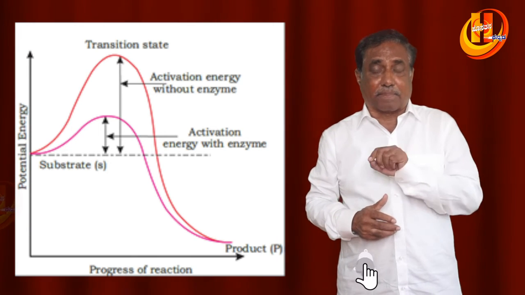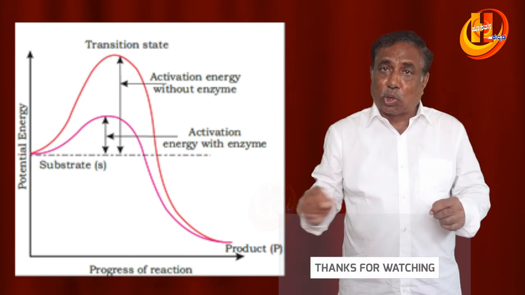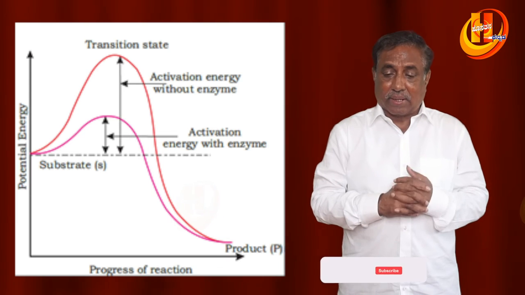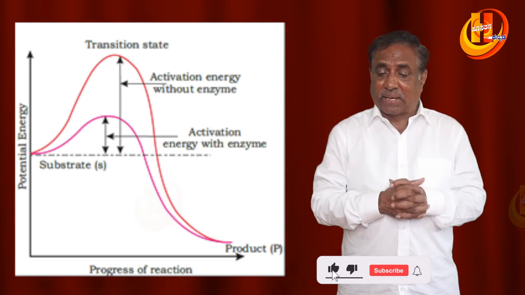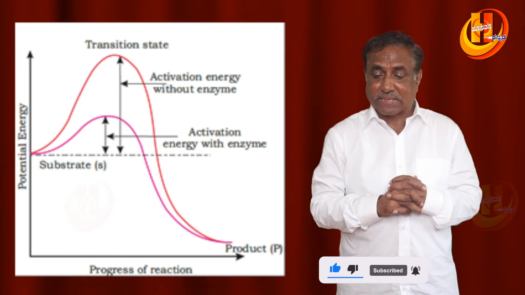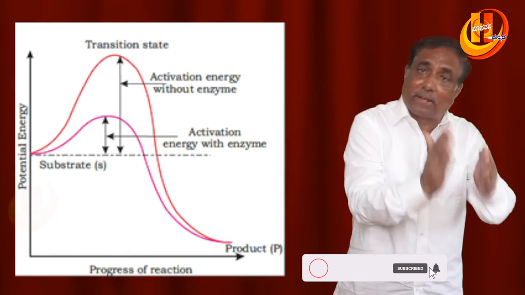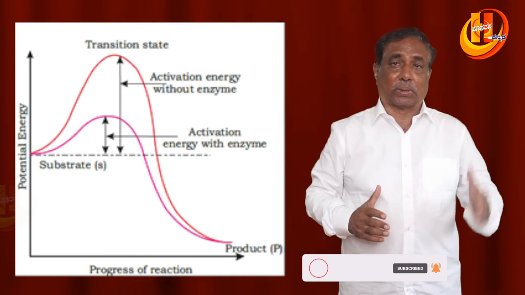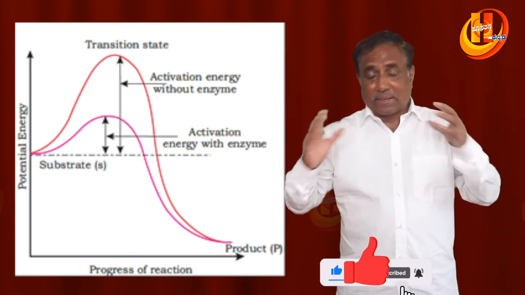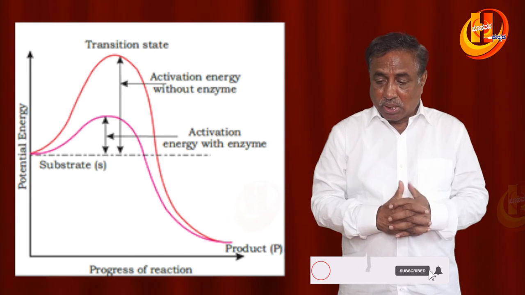If the product P is at a lower level than the substrate level S, the reaction is exothermic. The difference in the average energy content of the substrate from that of the transition state is called activation energy, and that graph is given. You can study activation energy in detail in chemistry also.